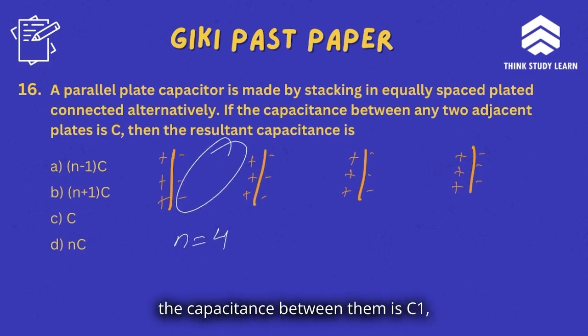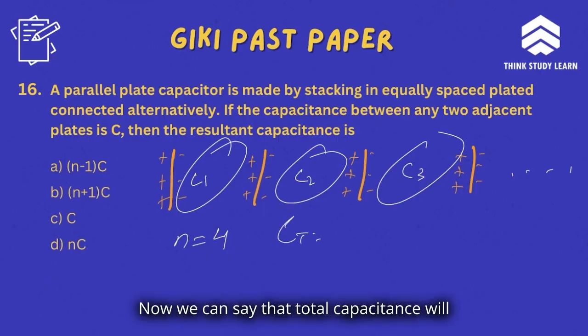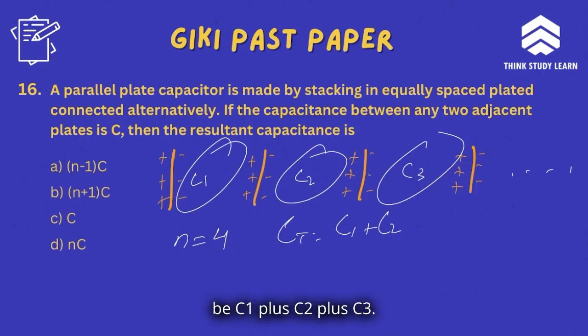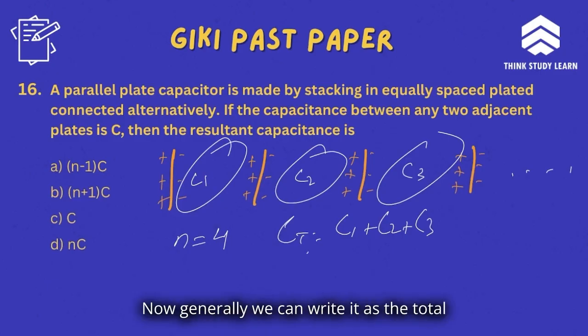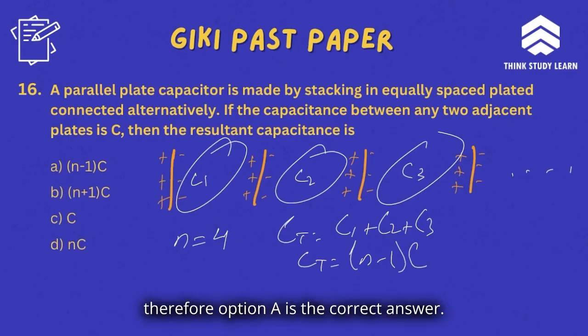And now the capacitance between them is C1, C2 and C3 and so on if there are more plates. Now we can say that the total capacitance will be C1 plus C2 plus C3. Now generally we can write it as the total capacitance will be n minus 1 into C. Therefore option A is the correct answer.